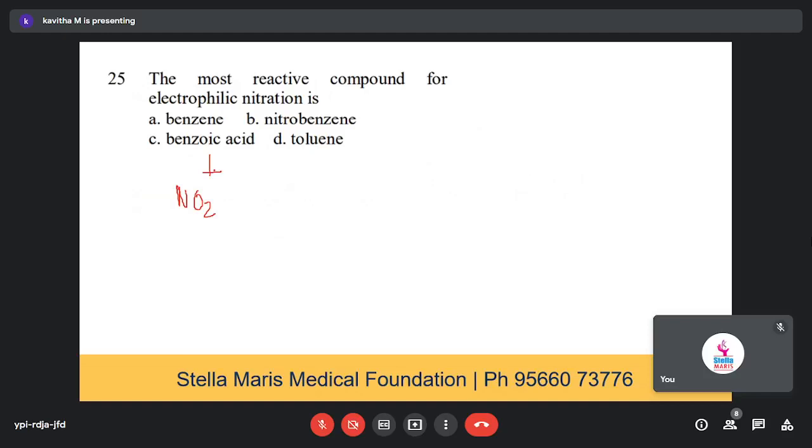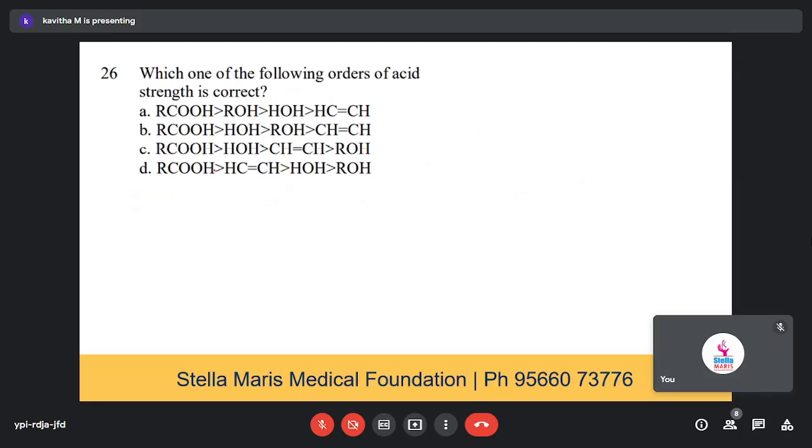Next, which one of the following orders of acid strength is correct? First is RCOOH, the carboxylic acid, then alcohol, water, and acetylene.